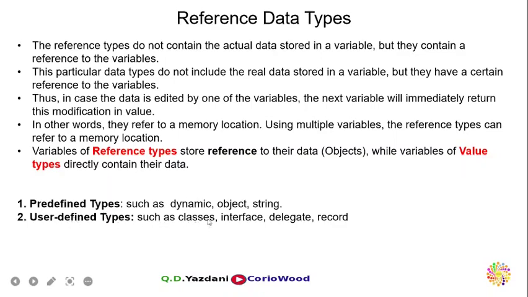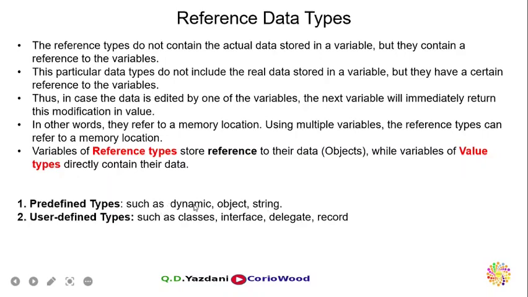So the user can define classes, interfaces, delegates, or can put a record. But the predefined ones are already built in to C#. Predefined or built-in types is the same thing, such as dynamic, object, and string. That's going to be our topic for the next video.